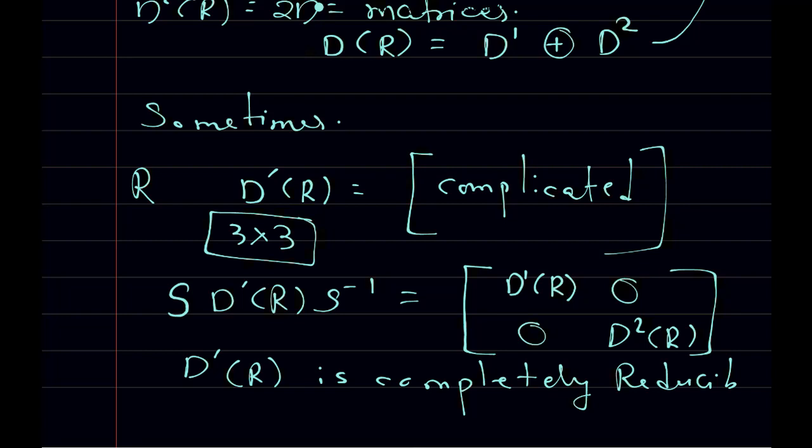But sometimes if you choose a bad basis, you form a very bad matrix representation which looks complicated. And you are lucky sometimes, not always, that you find some matrix X that changes your complicated representation of the group element to a very simple representation of diagonal form. Then we say that d prime R, which was a representation of group element R, is completely reducible.